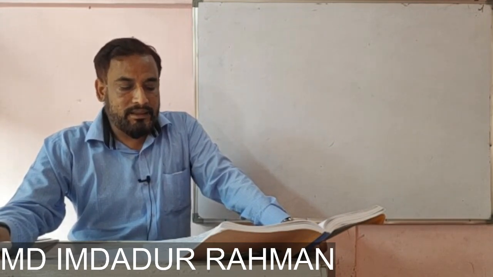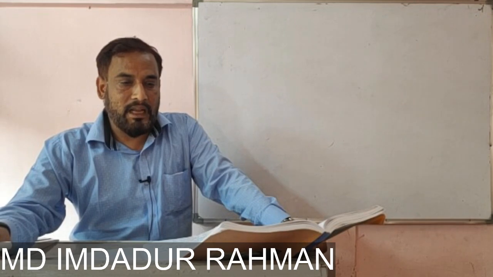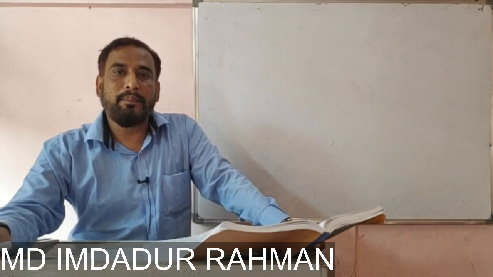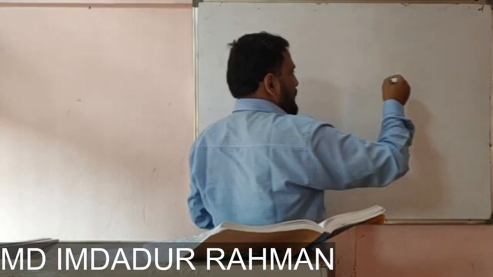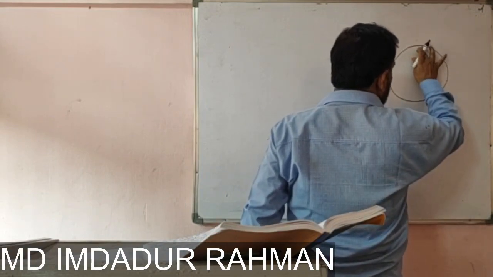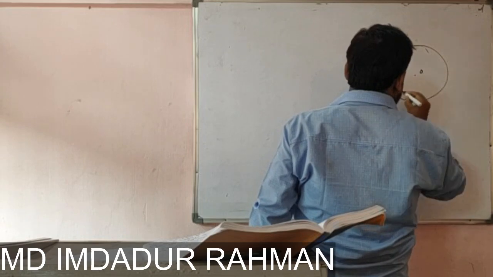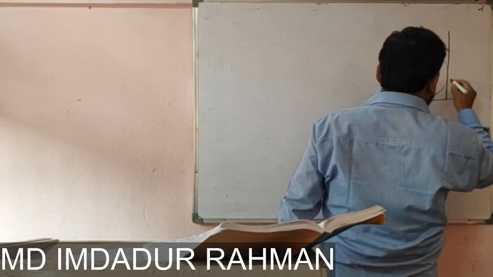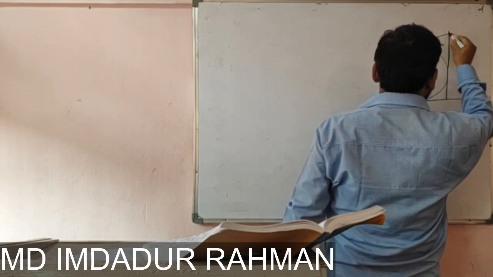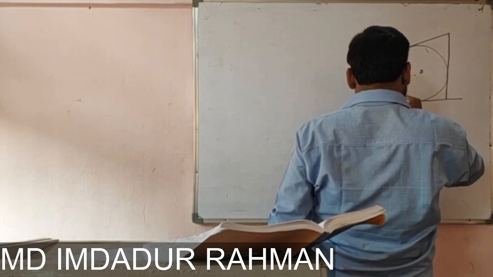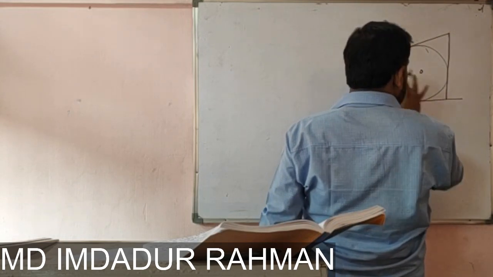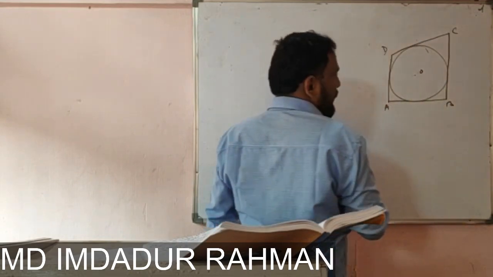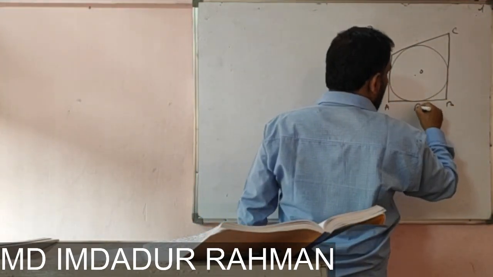So here we will consider a quadrilateral circumscribing a circle with center O, touching the circle at P, Q, R and S. Like earlier, we will draw a circle with center O. Circumscribing it, we are drawing a quadrilateral ABCD touching the circle at P, Q, R and S.